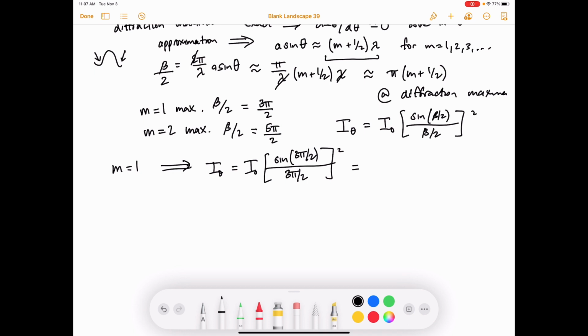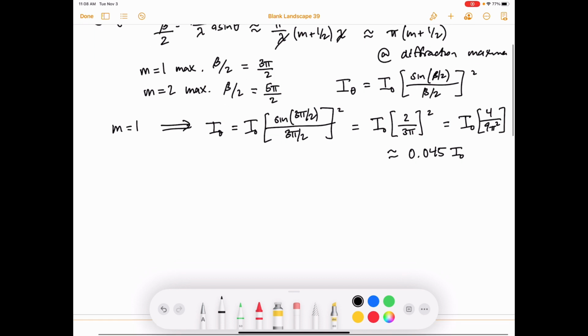And this gives us I0 times, we have 3 pi over 2 on the bottom, so that would be the same as 2 divided by 3 pi on top, which we square. So that's I0 times 4 divided by 9 pi squared, which is approximately equal to, if you crunch the numbers, 0.045 I0. So only about 4.5% of the intensity at the center.